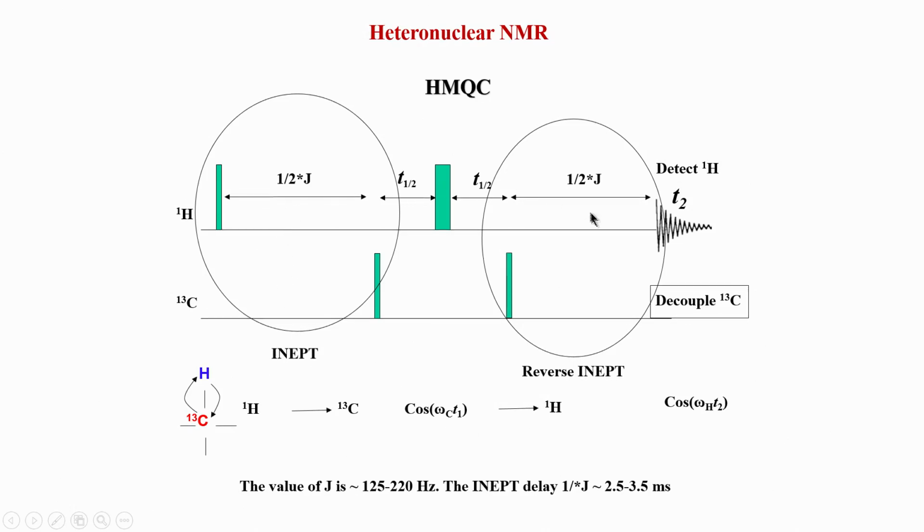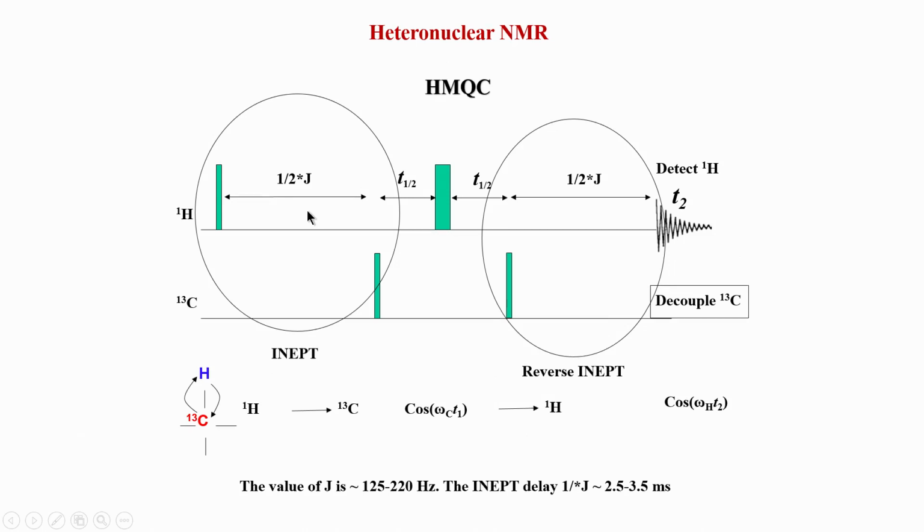So HSQC and HMQC, information-wise there is no difference, but the difference mainly relies on the sensitivity. HMQC, as I said, does not have the 180 degree pulses, which makes it more sensitive compared to HSQC, because in HSQC the 180 degree pulses degrade the intensity.